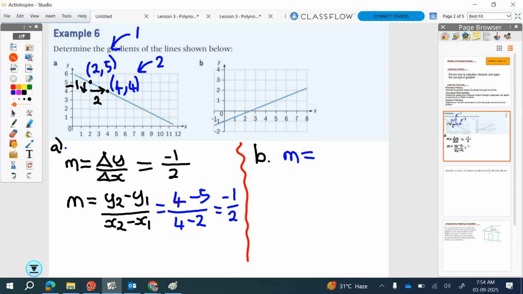Let me see it written down on your page. Use the slope triangle.